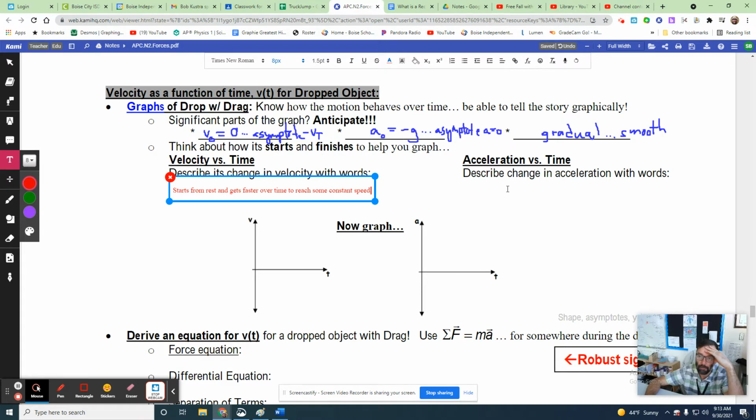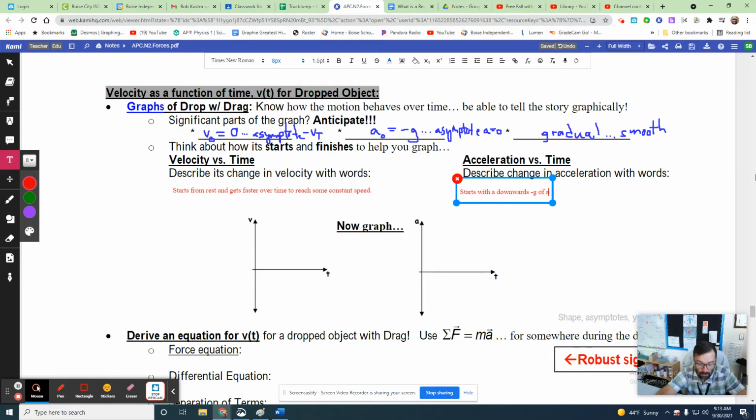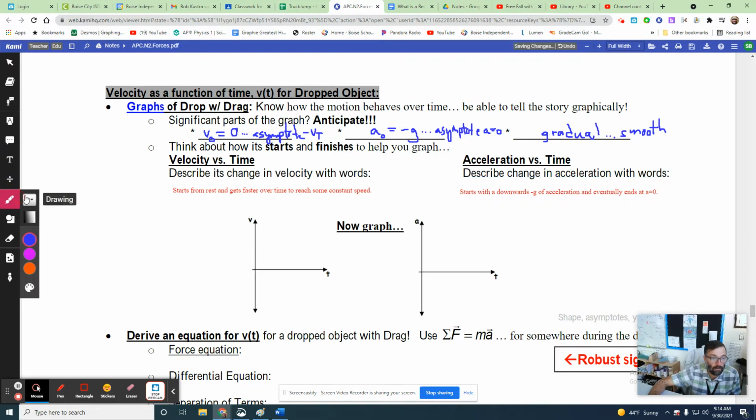Okay. Acceleration versus time. Describe this change in words. Okay. Well, it starts with a downwards negative g of acceleration and eventually ends at a equals 0. Okay, so let's go ahead and do those things.